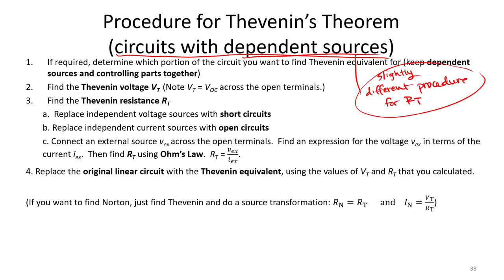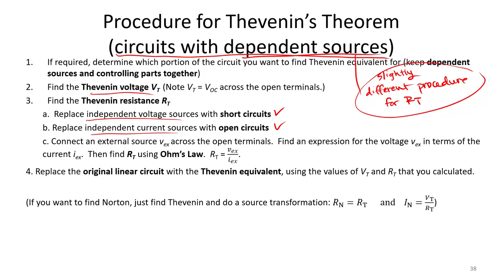So you'll see we follow the same exact approach as we did before for Thevenin voltage. So the Thevenin voltage procedure is the same. For Thevenin resistance, the first two steps are the same. You would find that you need to turn off your voltage and current independent sources. But when you have a dependent source, you can't easily turn off the dependent source.